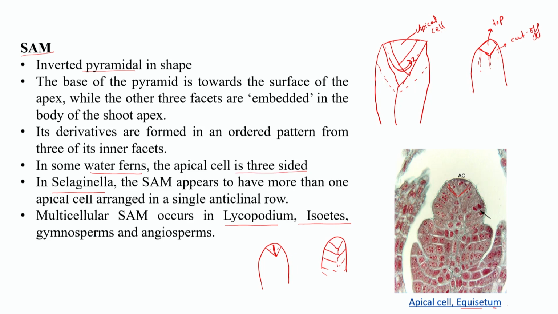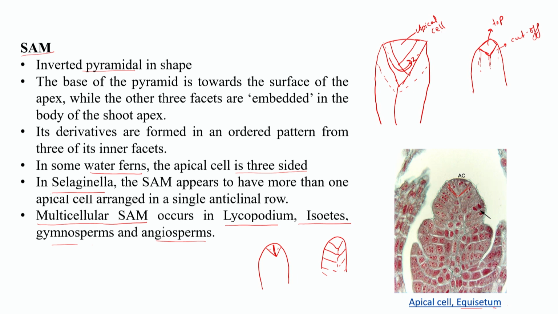Now, this is applicable in lower cryptogams, in vascular cryptogams, in pteridophytes, and in that also in lower pteridophyte groups. However, multicellular shoot apical meristem is found in most of the higher plants. It is found in angiosperms, in gymnosperms, and even in some pteridophytes multicellular shoot apical meristem is identified.